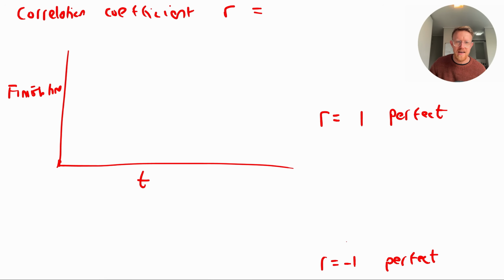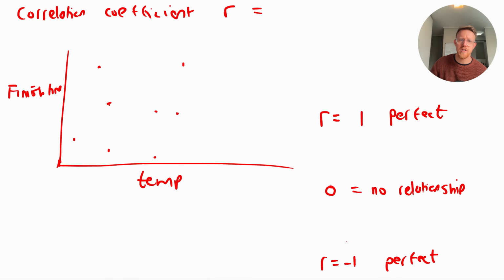Okay, and so if you get 0, that is really bad. That is like no relationship. That would literally look like this. There would just be absolute randomness. It would mean that for some runners, even if it's hot, they will have a very fast or a very low finishing time.